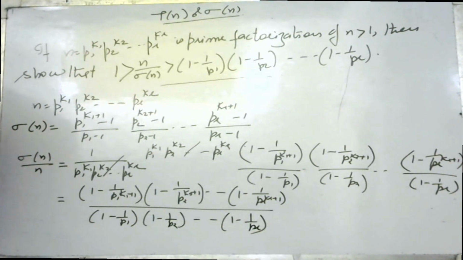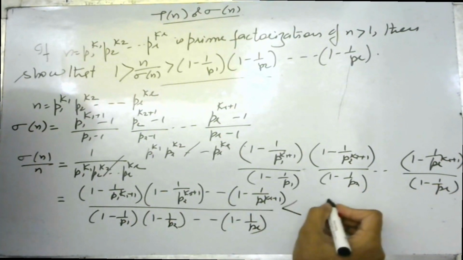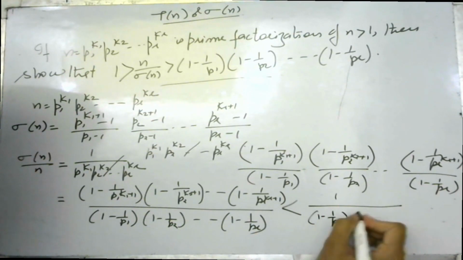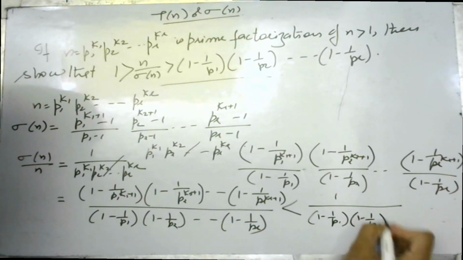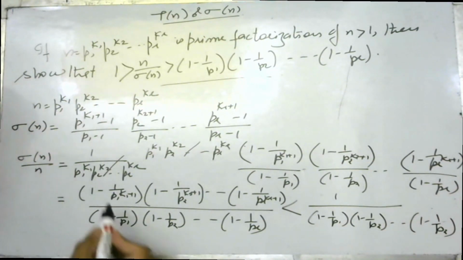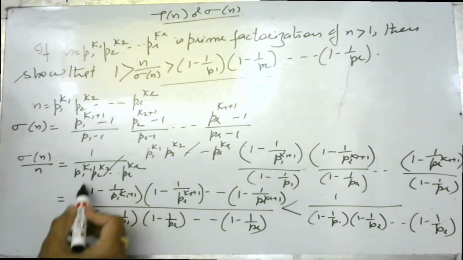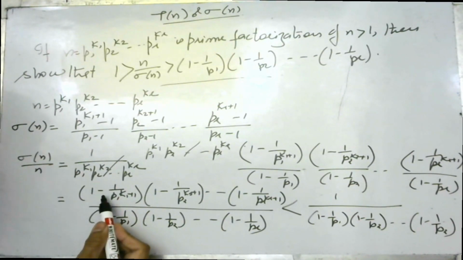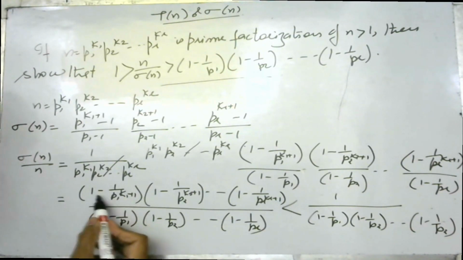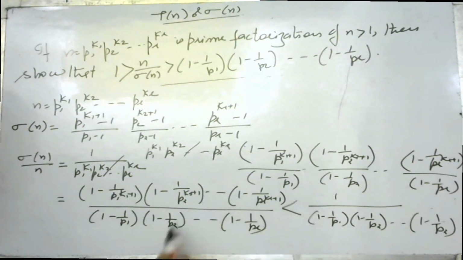So as you see, very easily we can write that this term is less than 1 upon (1 minus 1 by p1)(1 minus 1 by p2)...(1 minus 1 by pr). How can we write this? Because as you see here, this term is strictly less than 1, as we are subtracting from 1. So this is less than 1, meaning the product of all these is less than 1.